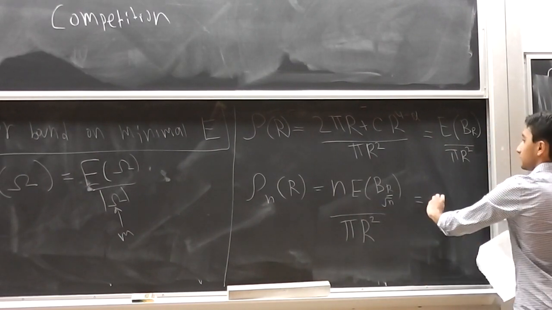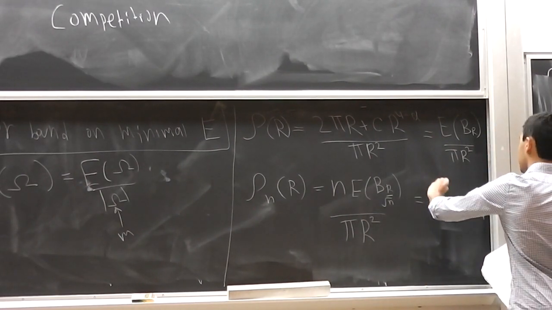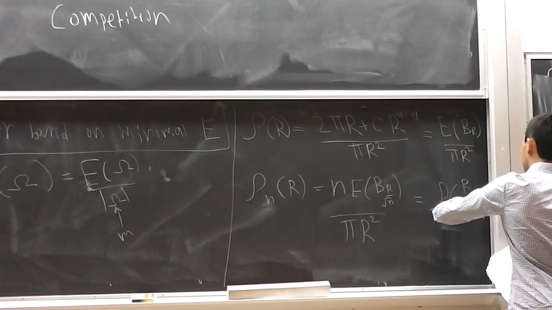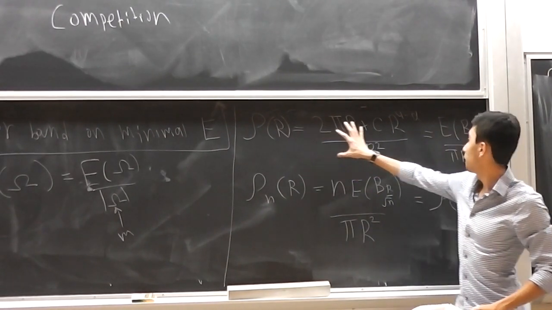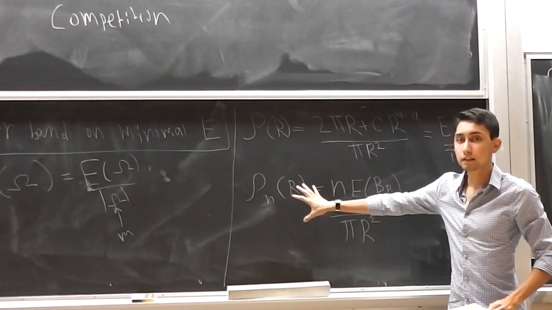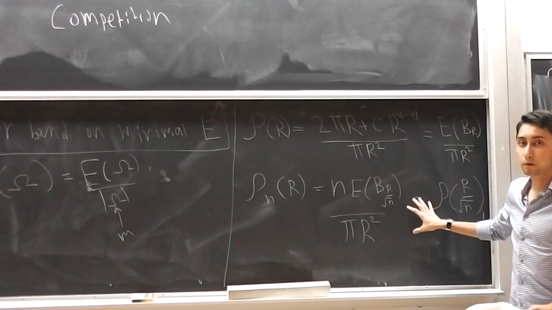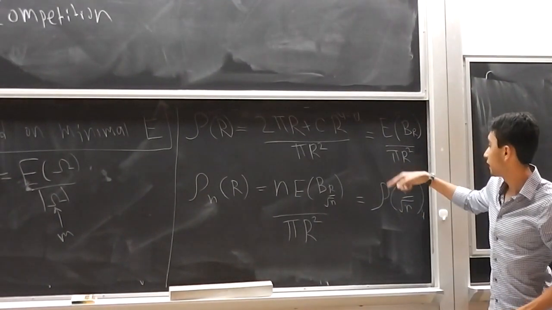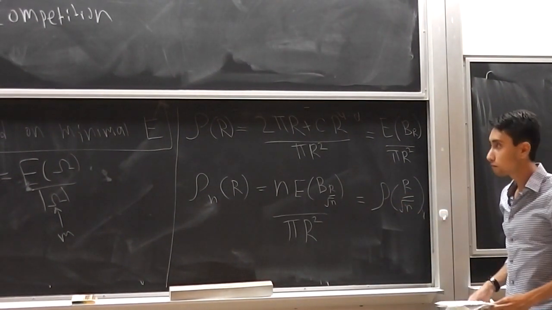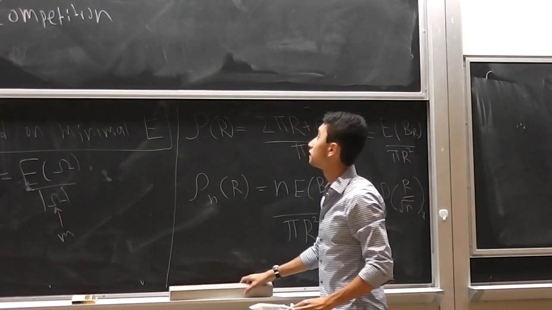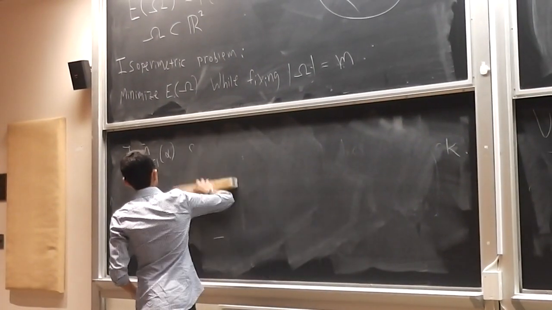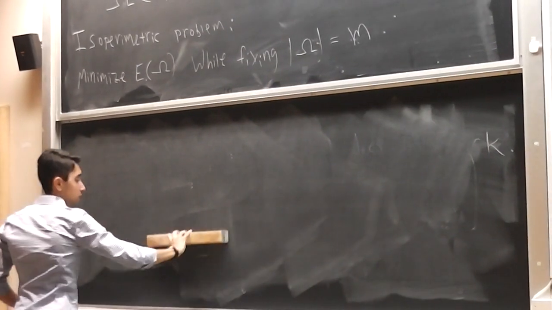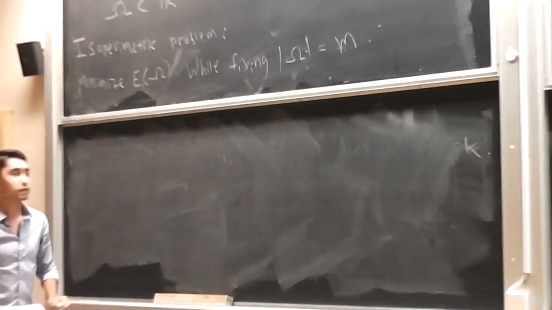So it turns out that this is actually rho. Is everyone clear on that? We have the energy density of one ball, and we have the energy density of n balls of mass m over n, and it turns out that they're related like this.